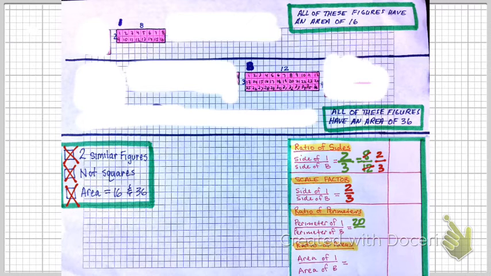And the perimeter of letter B would be 3 plus 12 plus 3 plus 12, which is 30. So if I divide the top by 10 and the bottom by 10, I'll get the fraction 2/3. So you can see that the ratio of the side lengths, the scale factor, and the ratio of the perimeters all come out to 2/3.